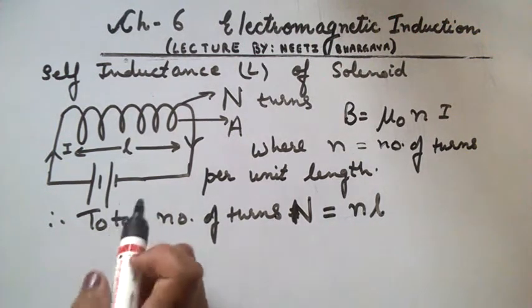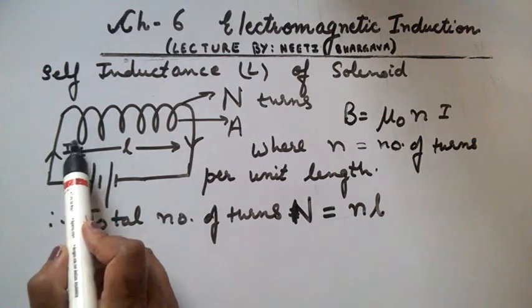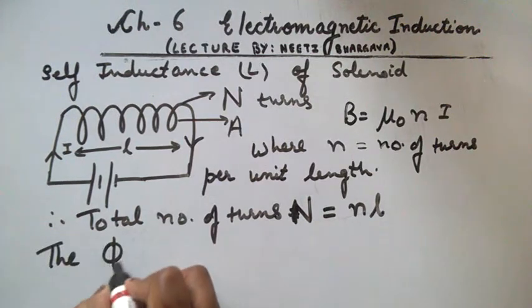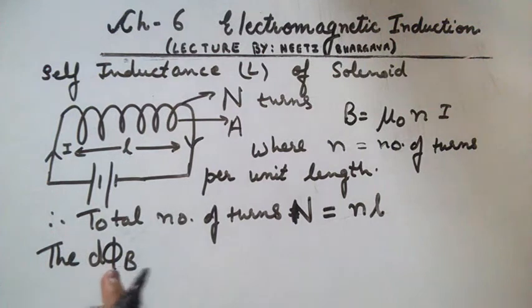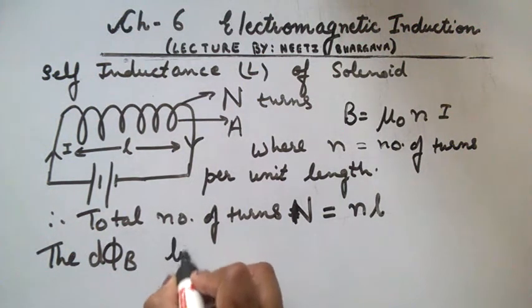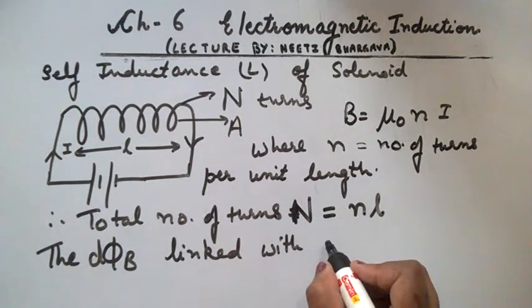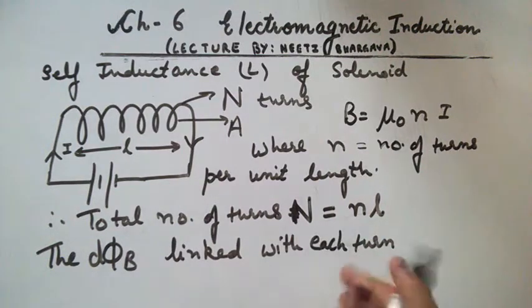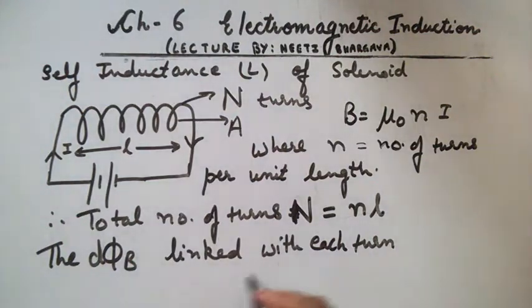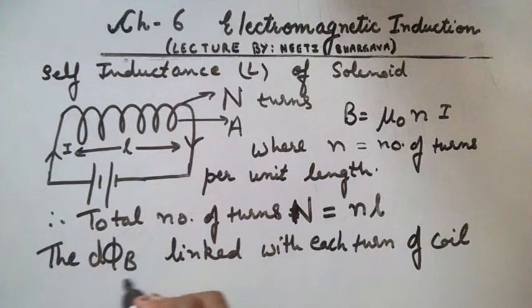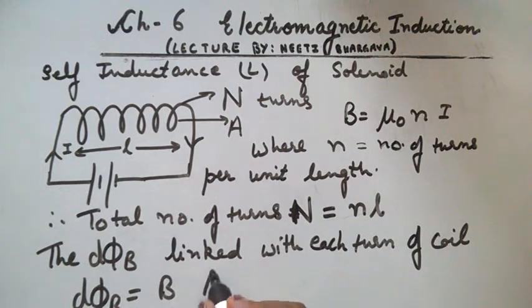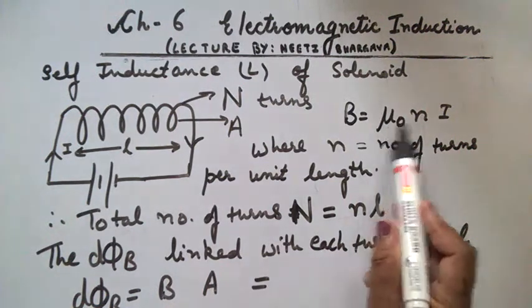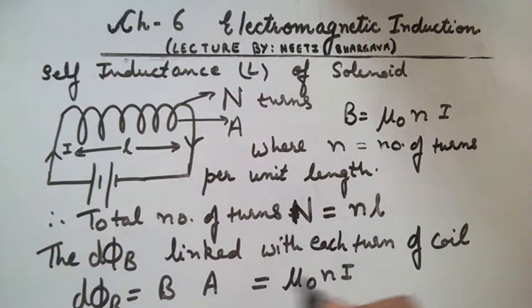Now, the magnetic flux linked with one turn, or each turn of the coil, is phi B equal to B A, or we can write it as mu naught n I into A. This is the magnetic flux linked with each turn of a coil.